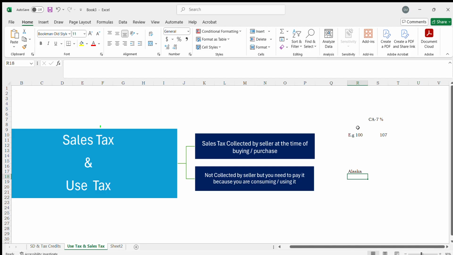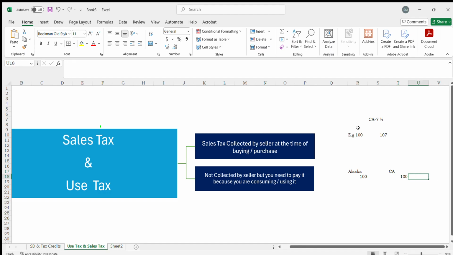Let's say the amount is $100, so you will get an invoice of $100. Now you are living in California, and you are consuming that item in California.